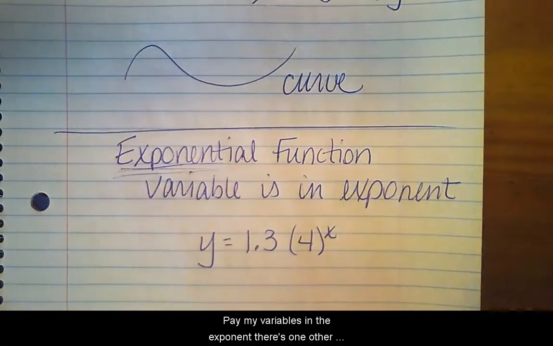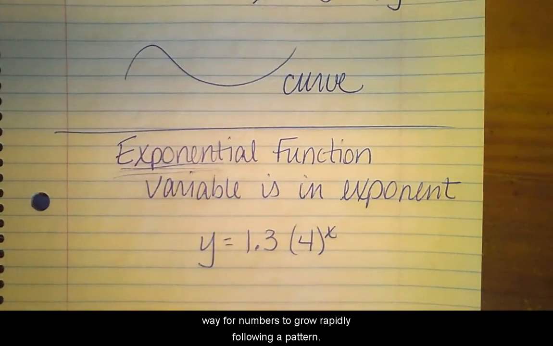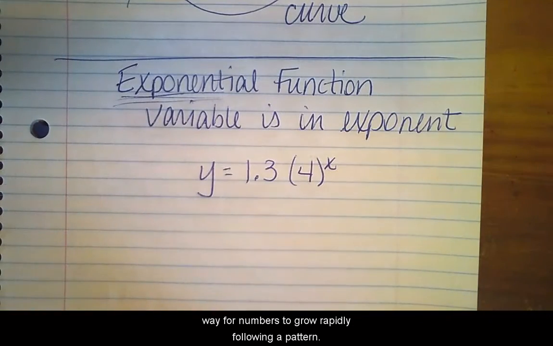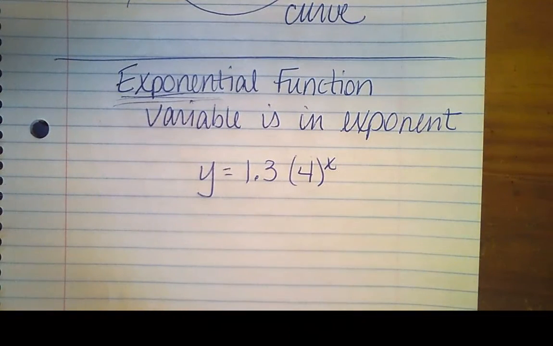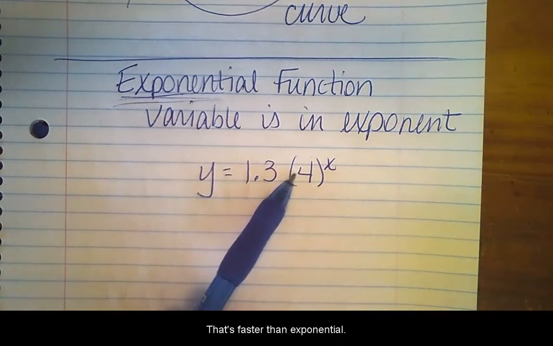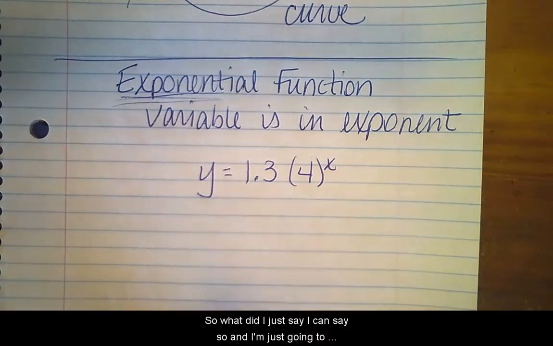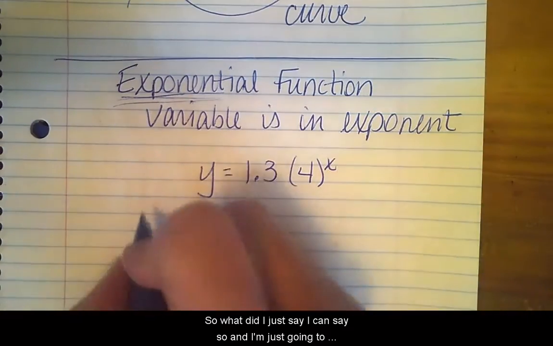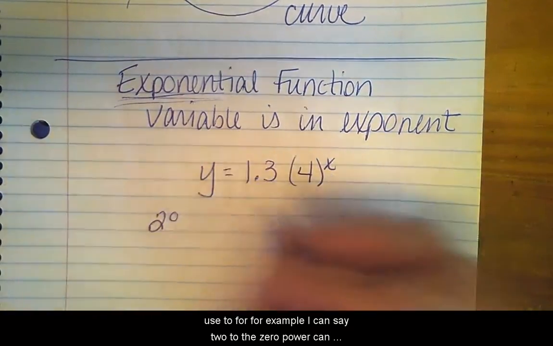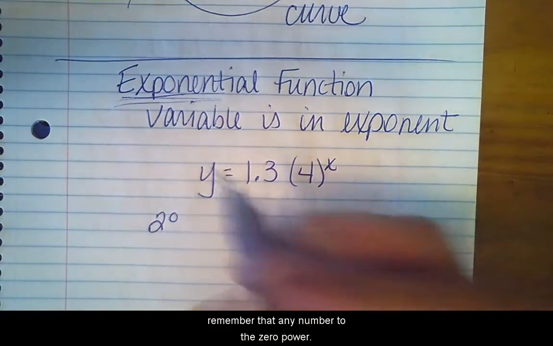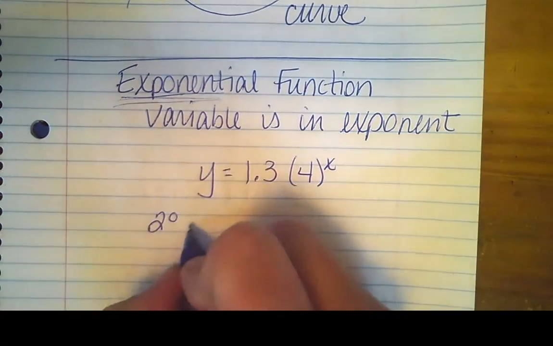There's one other way for numbers to grow rapidly following a pattern that's faster than exponentials. So what did I just say? I'm just going to use 2 for example. I can say 2 to the 0 power. Remember that any number to the 0 power is 1.